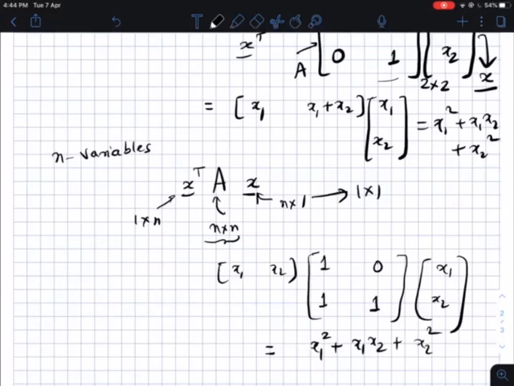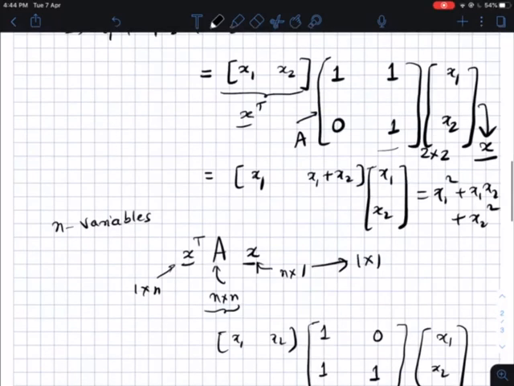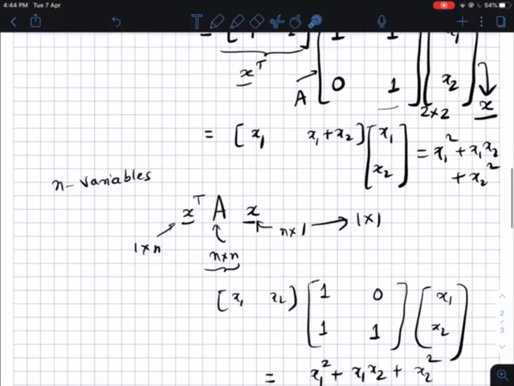So it again computes to the same thing. As you can see, this matrix here is different from the previous matrix. Here we had 1 in the upper triangular portion, but here we have a 1 in the lower triangular portion. So this is also a valid matrix for this quadratic form.